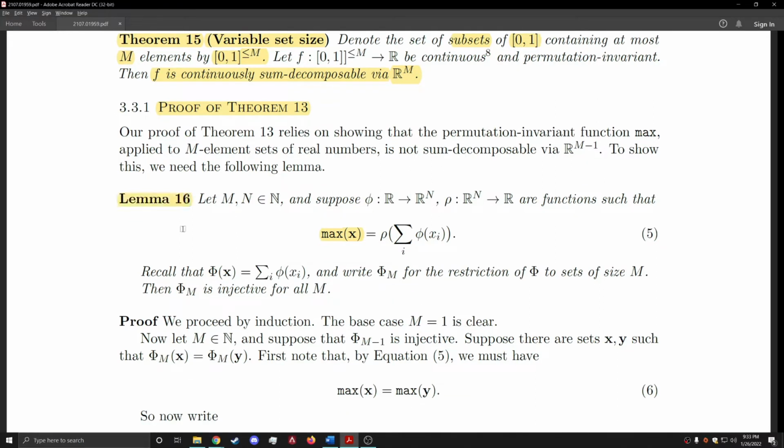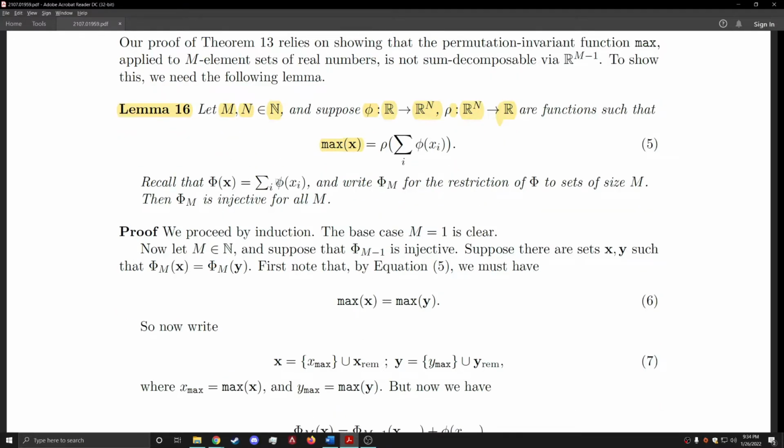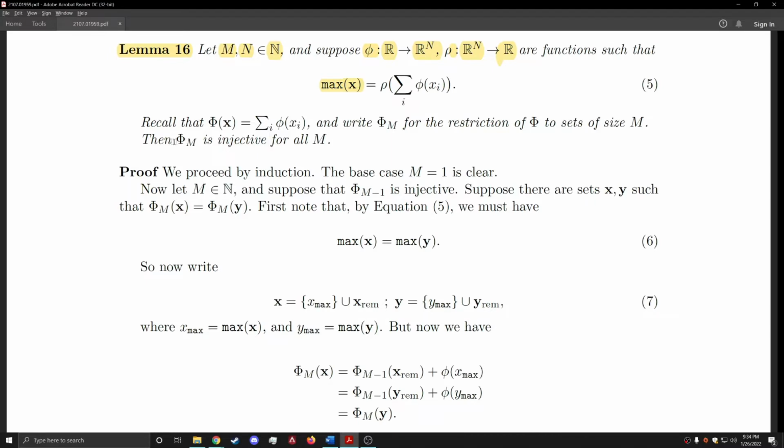Let's go through Lemma 16. So we're going to be talking about m and n, which are members of the natural numbers, and we're going to have some phi, which maps r to r with dimensionality n, and some rho, which goes from dimensionality n back to r. And we are going to have our target function max, and we are going to have some decomposition of it. So recall some decomposition function.